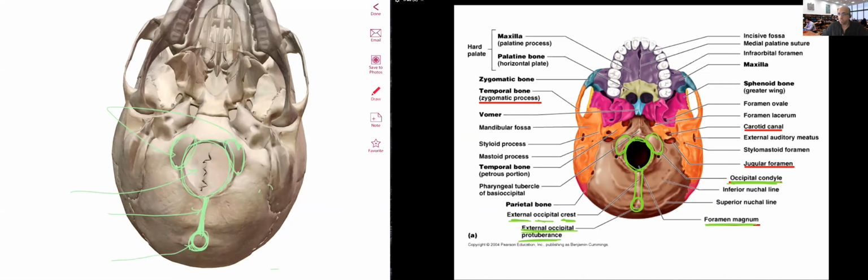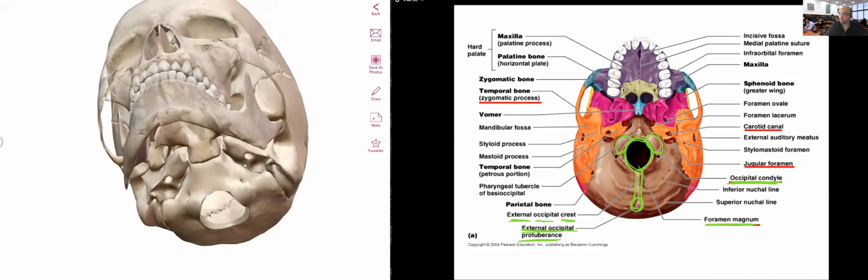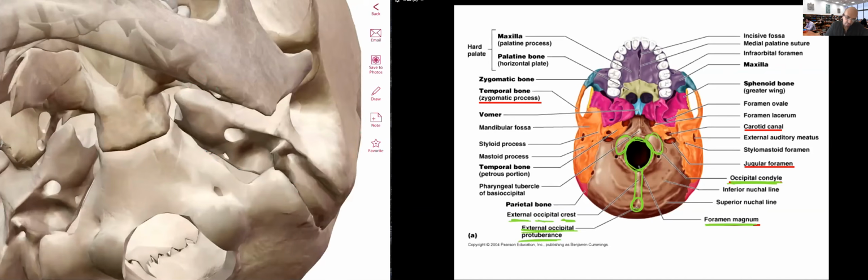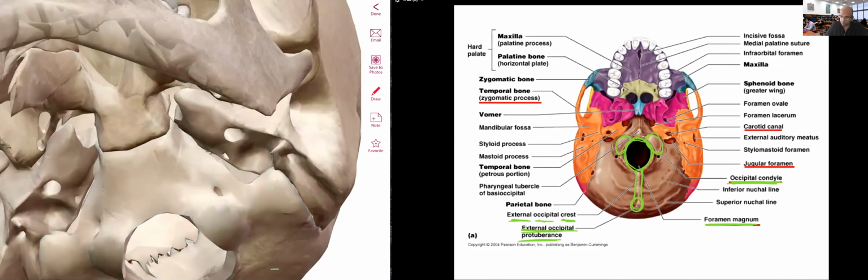All right, those are the most important markings that we need to identify in the occipital bone. One last important marking as well. Actually, we can't mark it on here.